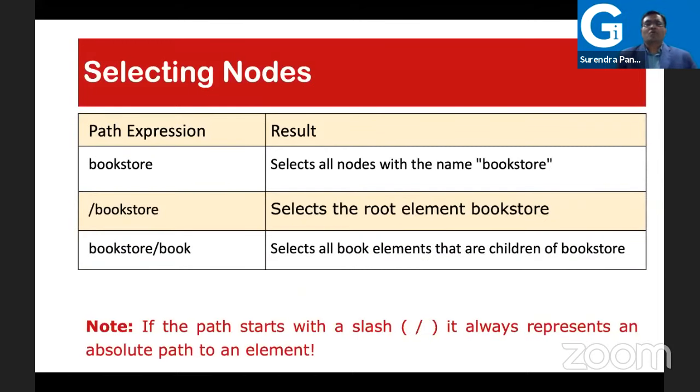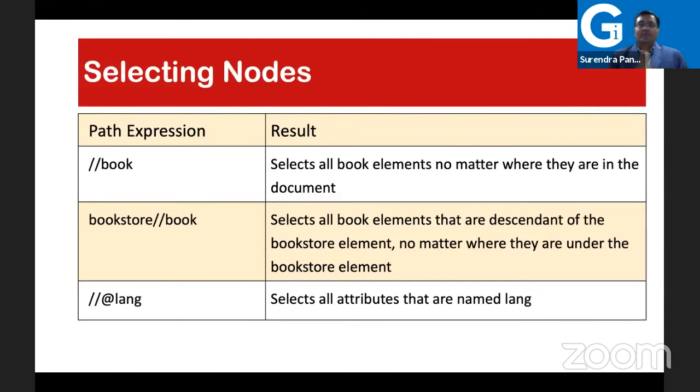Now understand, whenever I use a single slash, it represents the absolute path. If I'm using a single slash, bookstore, under that book, and under that something else like title, that is what we call the absolute path. But if I'm using the double slash, it is considered a relative path. So the double slash is a relative path.